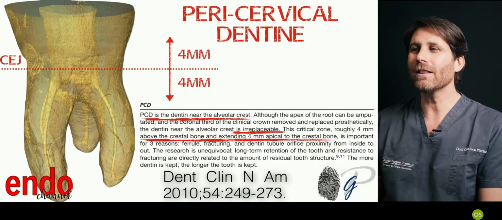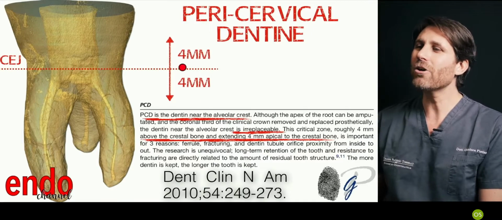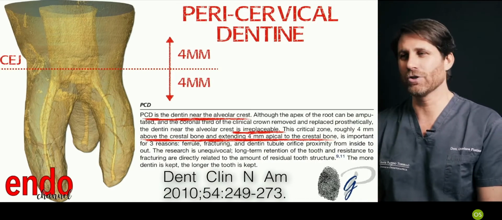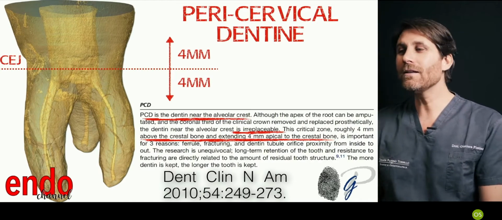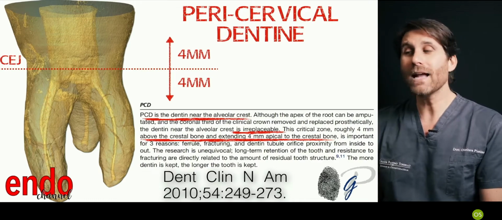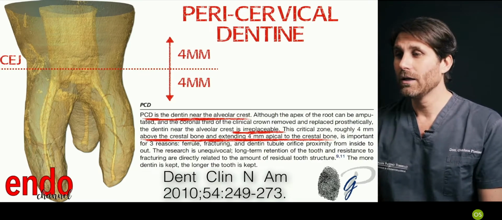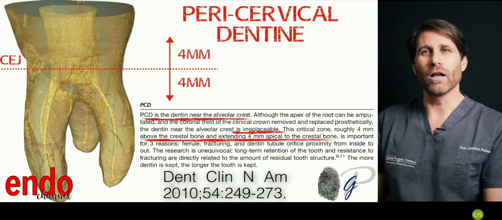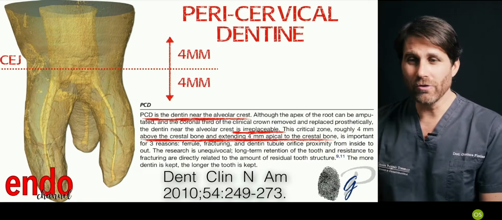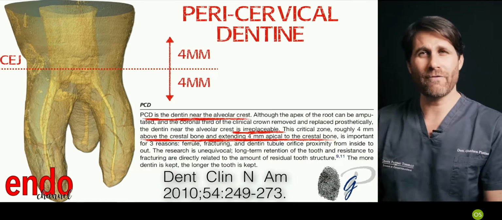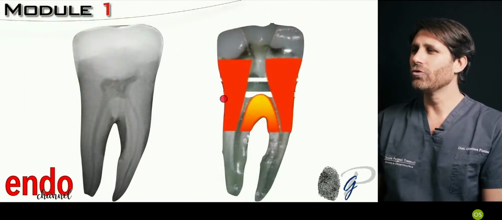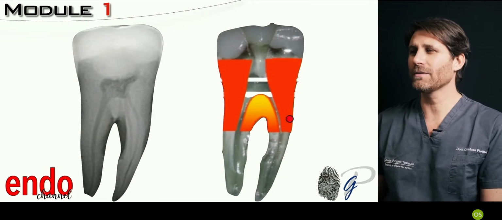The pericervical dentin is the dentin 4 mm above and 4 mm below the cemento-enamel junction, near the alveolar crest. This dentin is irreplaceable. So this dentin is really crucial for the resistance of the tooth, and we must make all the efforts in our practice to maintain this tooth structure as much as possible.